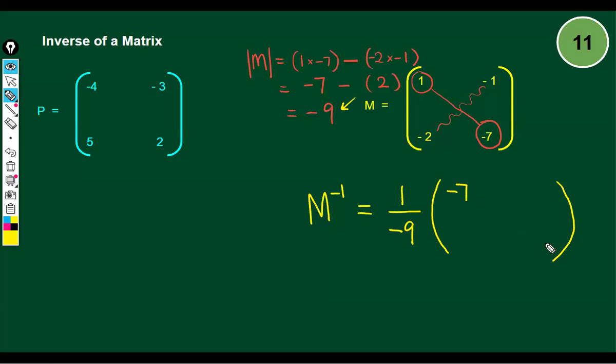Minus 7 jumps here, 1 jumps there. And then the less important diagonal, we do not move them. We just watch each one and we make them the opposite. What's the opposite of minus 2? Positive 2. What's the opposite of minus 1? Positive 1. That's the end of the question. That's the inverse of M. Right? So we did 2 examples there. Don't worry, more is going to come up in a little while.